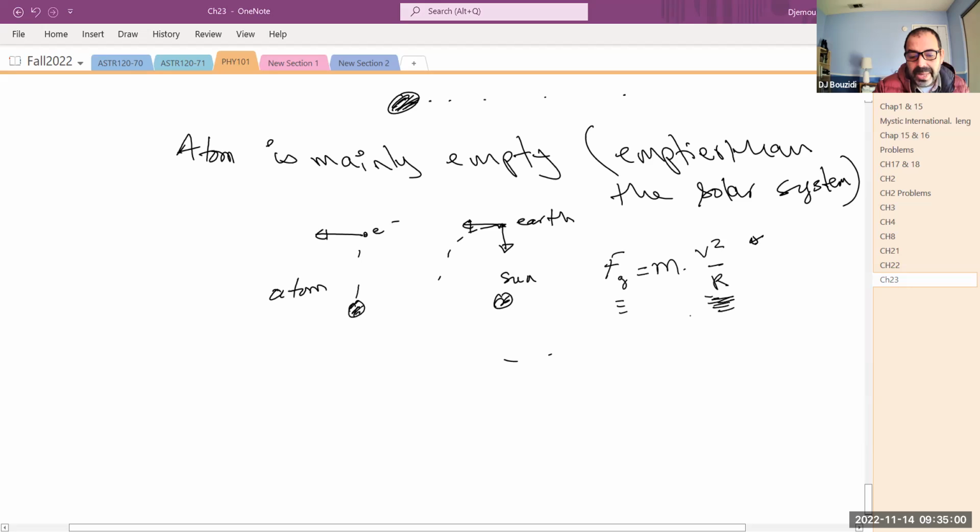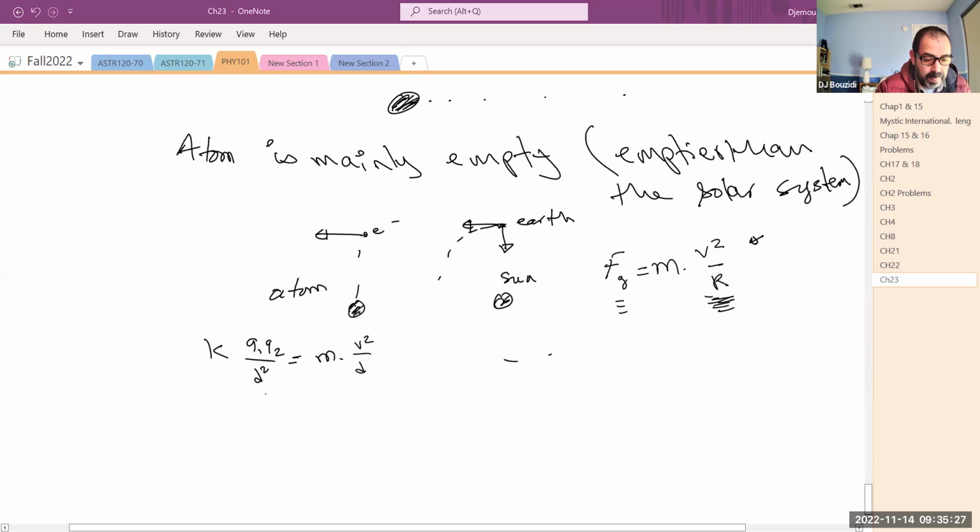Now, the idea is not going to work in here. Yes, you might be tempted to say that the force of attraction, which is proportional to the charge of the electron times the charge of a proton, divided by the distance squared times that constant, this is Coulomb's law, must be equal to the mass of the electron times the velocity of the electron squared divided by the distance between them. So you might be tempted to solve this classically and find what velocity is needed to keep it in orbit.